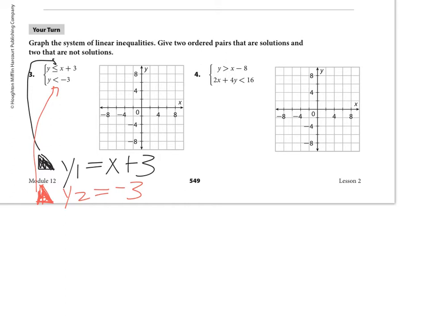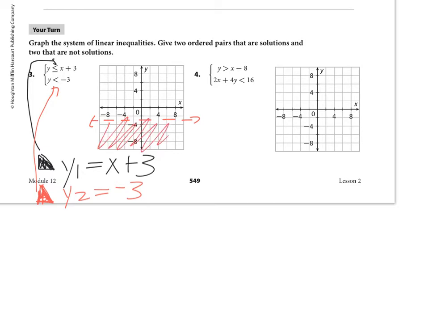Now pay attention to your scale up here. So the red one is -3, so -3 would be here. It's a dotted line because it's not inclusive, it does not have the equal sign right here. And then we shade below, since y is less than.